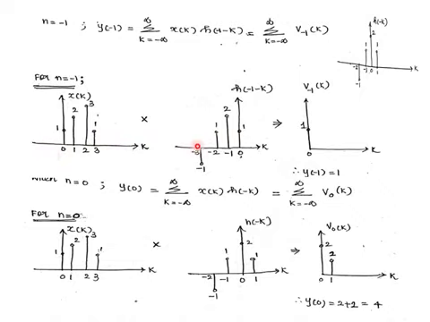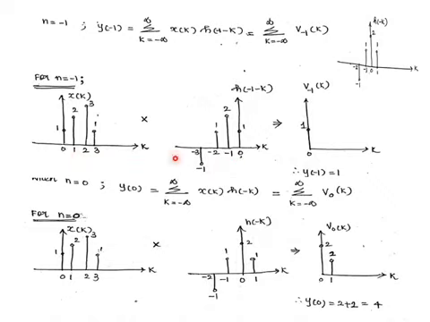It will be 0. Again, when k is equal to minus 1, the value of h of minus 1 minus k is 2. When k is equal to minus 1, the value of x of k is 0. Therefore, it becomes 0.